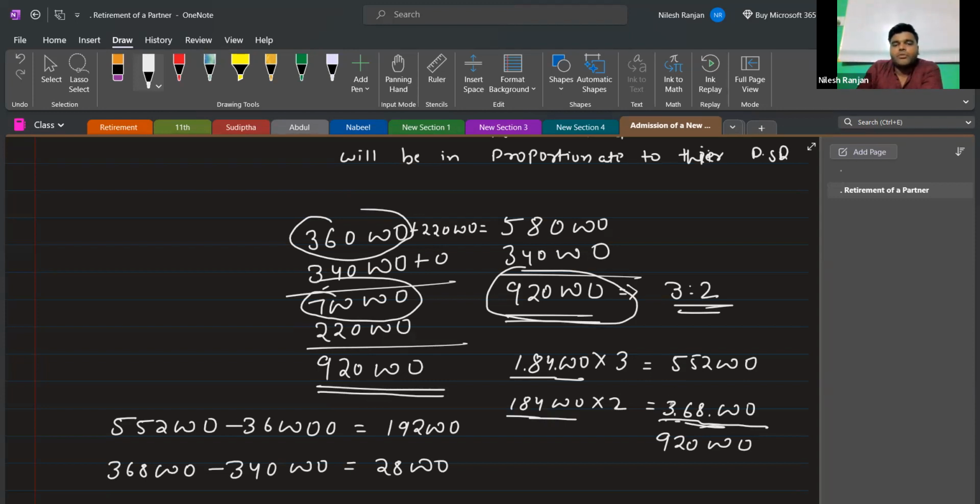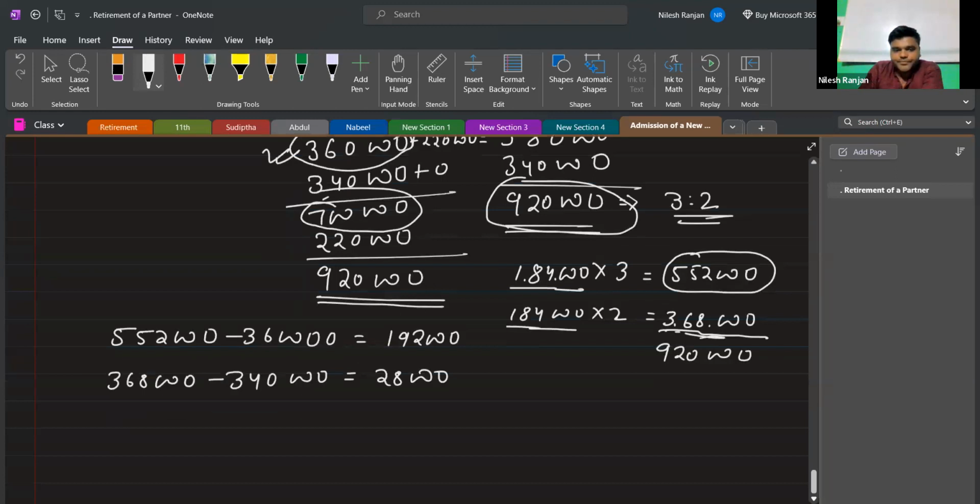And A has to maintain this capital balance, and their old capital balance is 3,60,000. So I have deducted 360 from the new balance, and it is 1,92,000. 368 minus 340, it is 28,000.